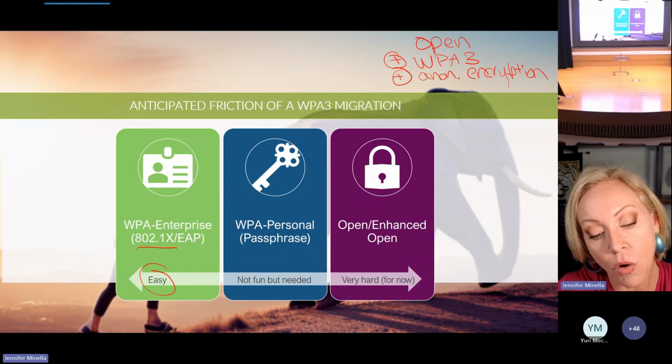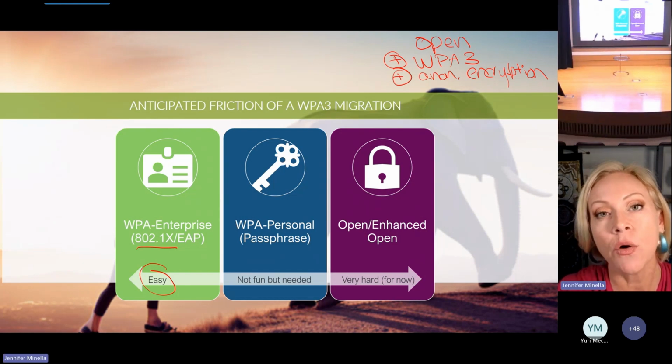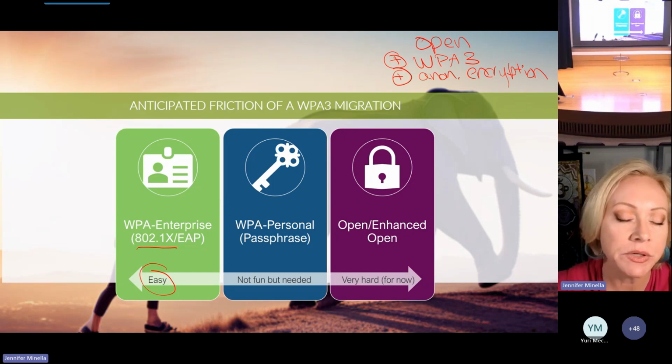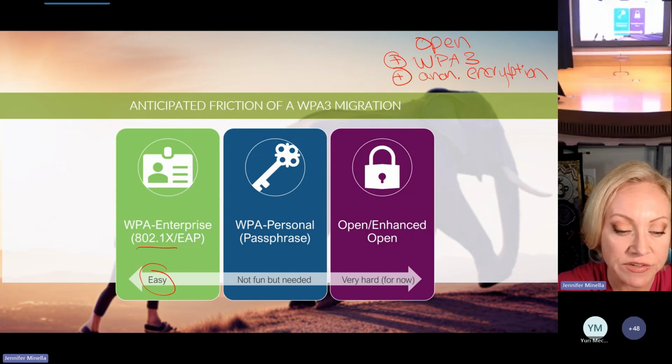All that is, is we're encrypting over the air, but not using any type of authentication. So it checks the box that we get to encrypt over the air, but it doesn't really give us much more security besides that. So if we take an open network and add these things to it, now we have enhanced open.